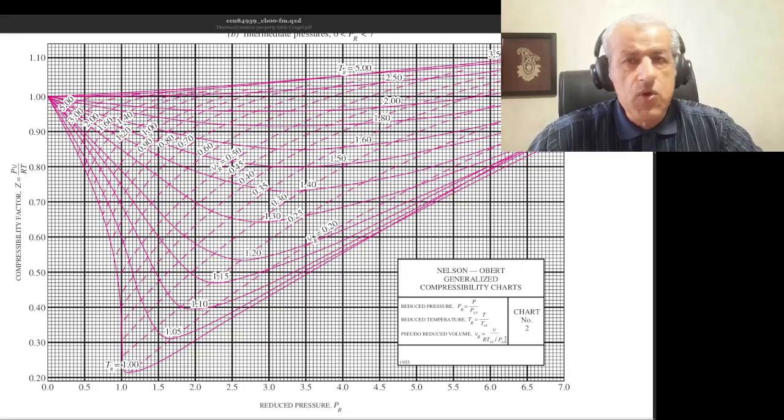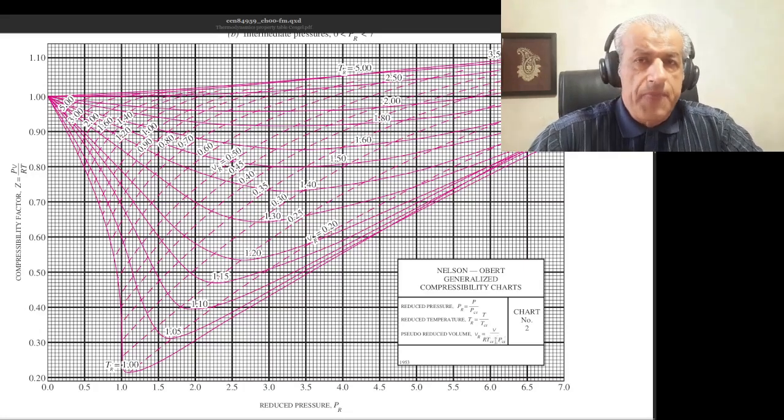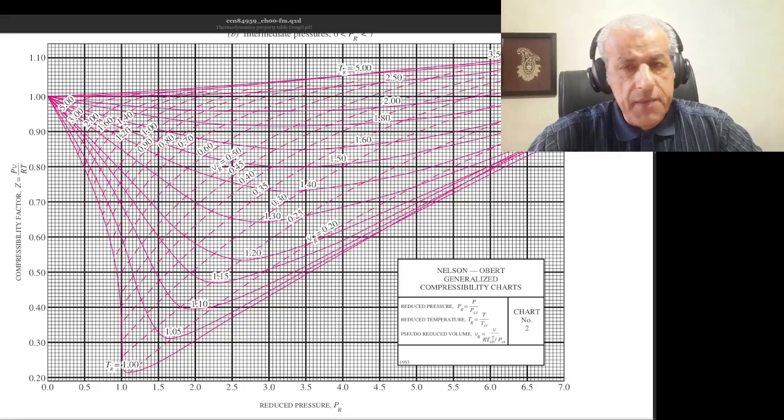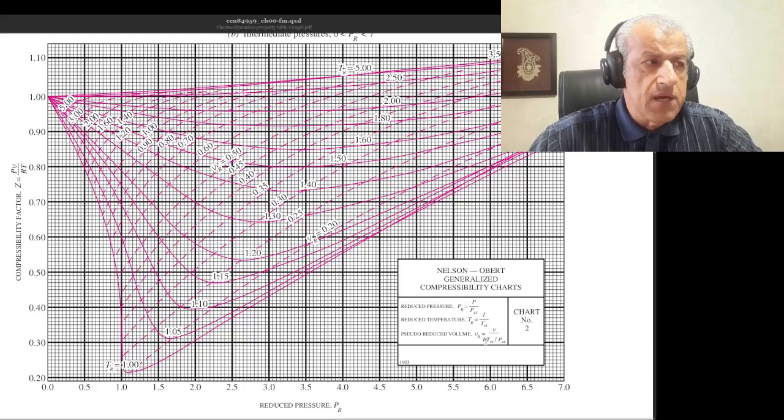So if you know some substance, you know the critical temperature and critical pressure. So this is a constant value for every substance, and you just divide the real value of the specific volume V by it, and then you would have VR.